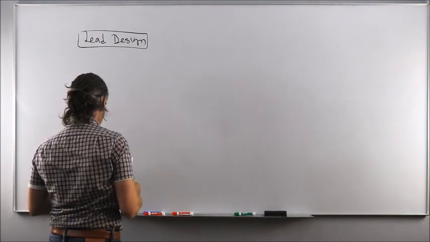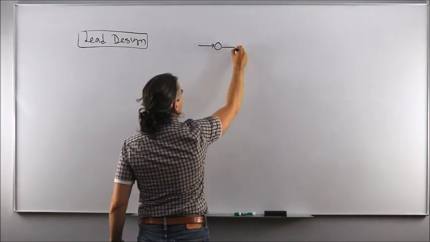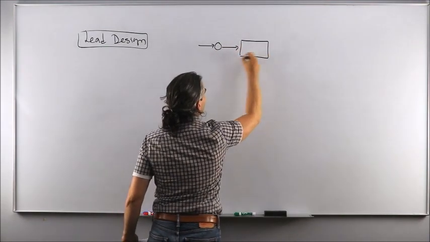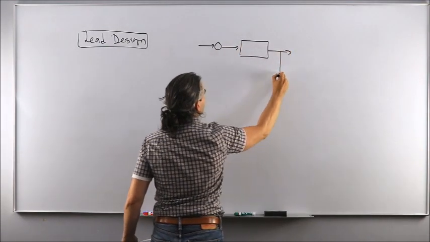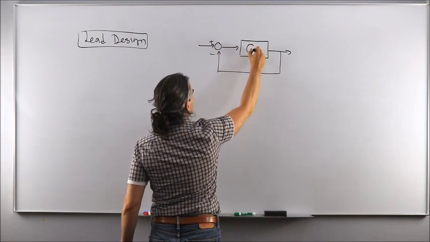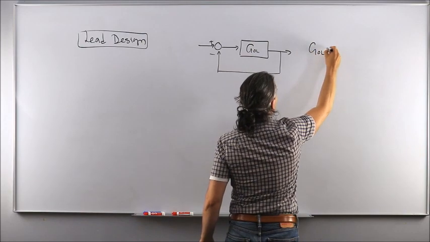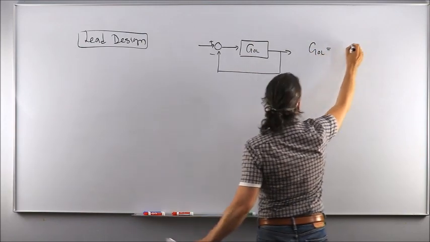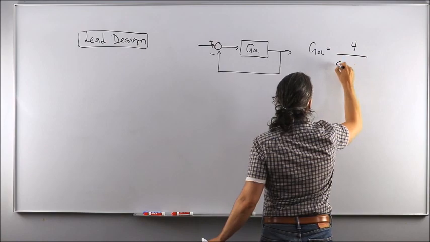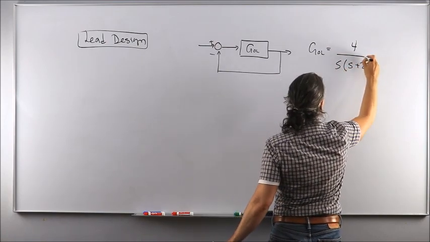Okay. So, what is provided to us is the open loop transfer function with a feedback system like that. G open loop. And what is given to us for that G open loop is 4 over S times S plus 2.